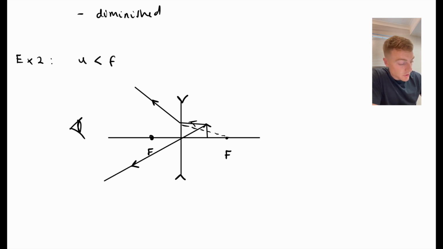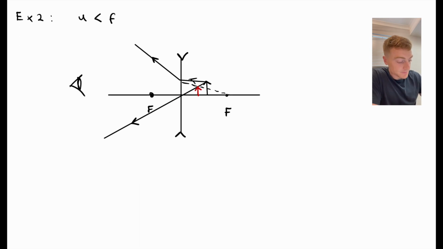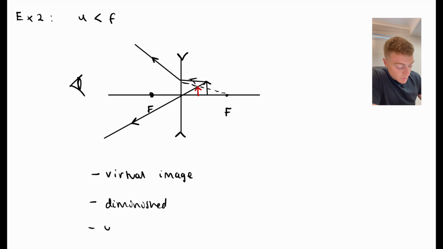So I can see that my new image is formed there. So we can see that we've first of all got a virtual image, because again the light rays don't actually meet, they only appear to meet. And we also get that the image is diminished, but it's also upright.